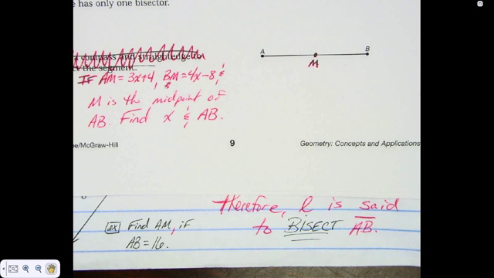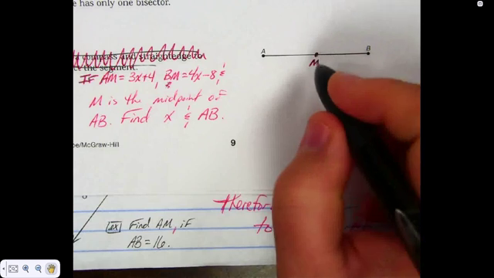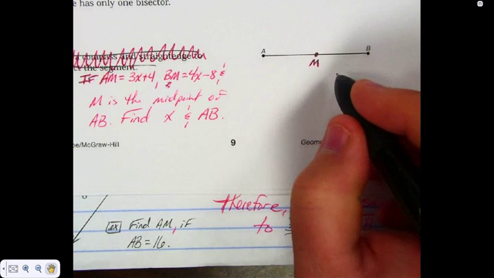Jacob, watch me do this one. I know you know how to do it, but just do me a favor. All right. First of all, I said M is the midpoint.